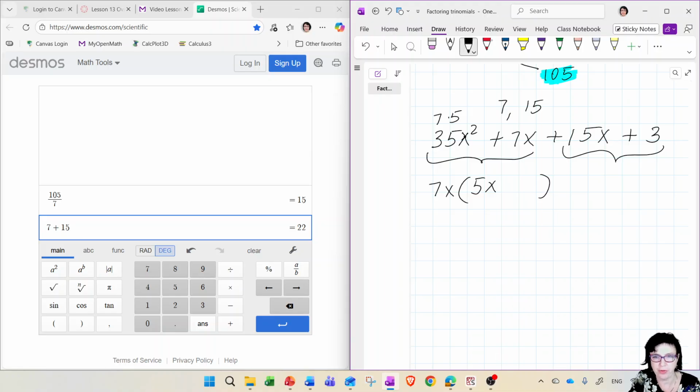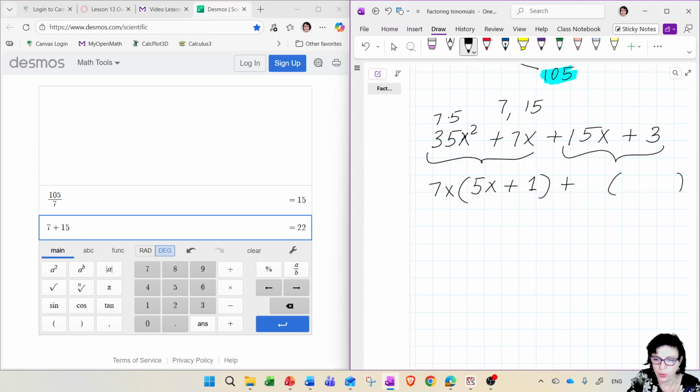We took out 7 and x, and it's like nothing left. But the nothing is not nothing, it's 1. Remember, we can always multiply by 1. If you put 0 right here, 7x multiplied by 0 is not going to give you 7x, and that's incorrect.